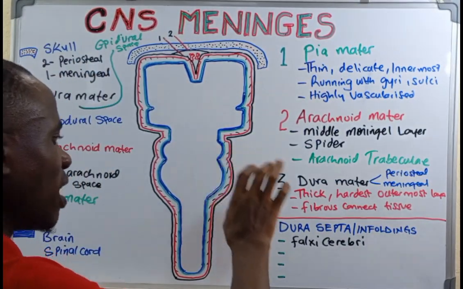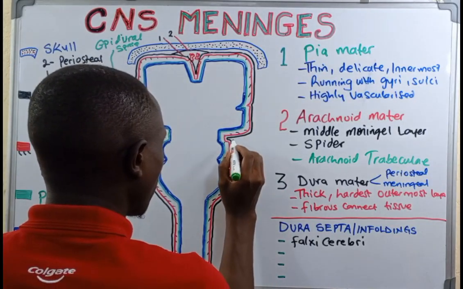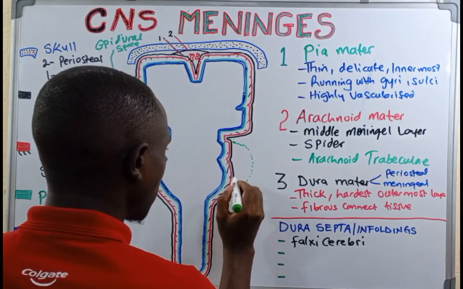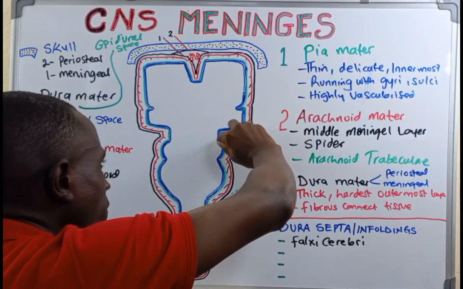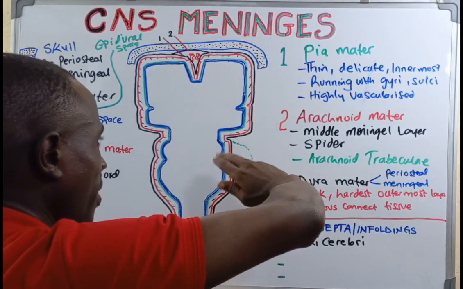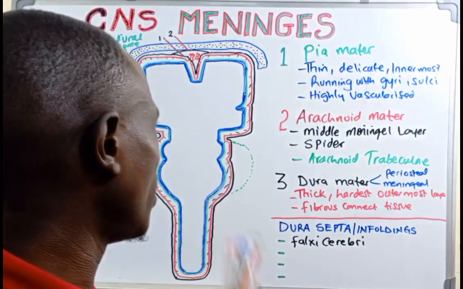And then of course you have another infolding. We are going to have the cerebellum somewhere here. So you also have an infolding between the cerebrum and the cerebellum, separating these two parts.